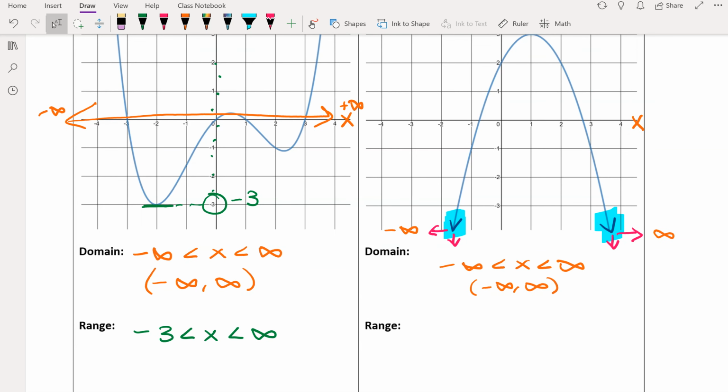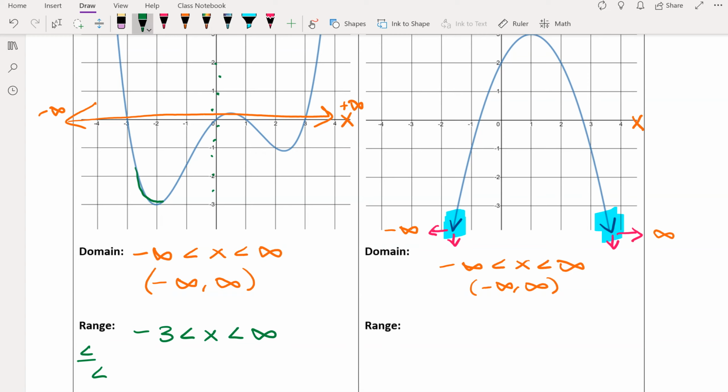Okay, really quick. We need to talk about the difference between less than or equal to and less than, and the difference between parentheses and brackets. On the first example that we had right here, we had only less than because you can't equal infinity. It's impossible. But can we equal negative 3? Yes, we can. We need to check though, does our function actually ever touch y equals negative 3, or does it actually get that low? Is there a point on the curve at that y value? So here's the thing, y'all.